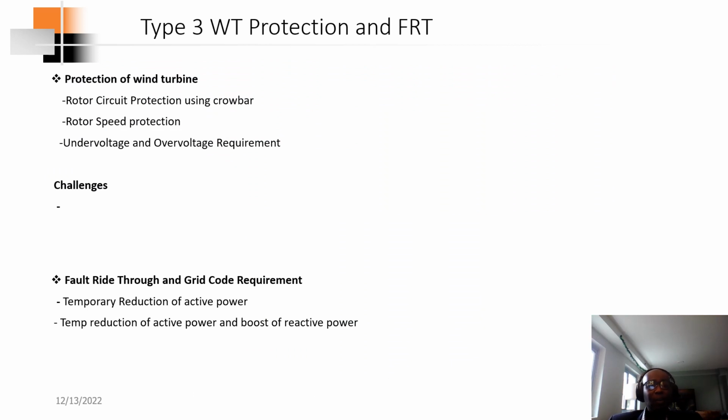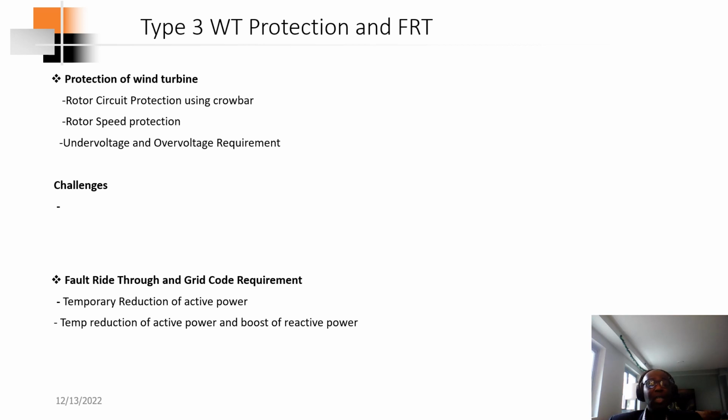Okay, so now let's talk about the Type 3 wind turbine protection. That is localized protection for the wind turbine. As you can see, when there's a fault, be it a wind farm side fault, it results in the rotor going into an overspeed condition, right?